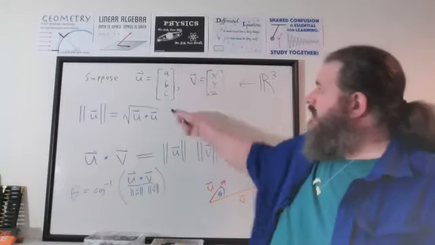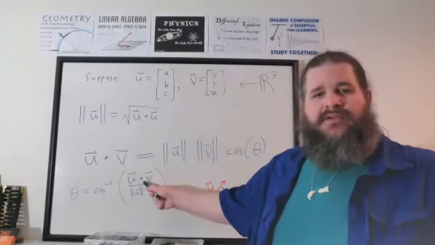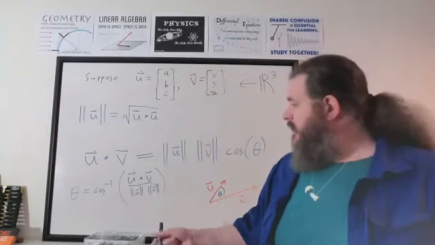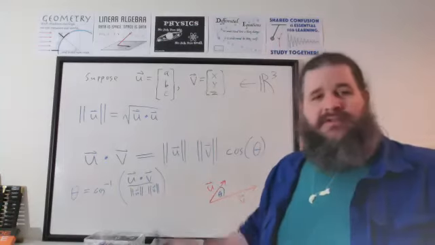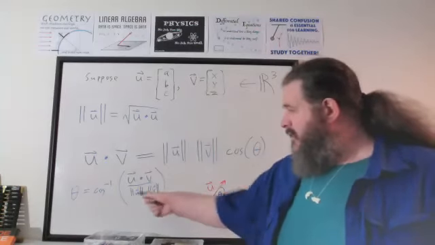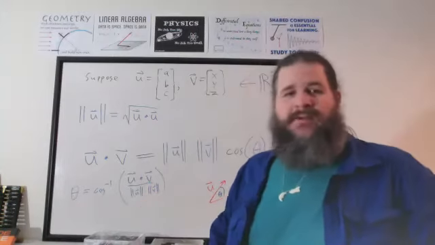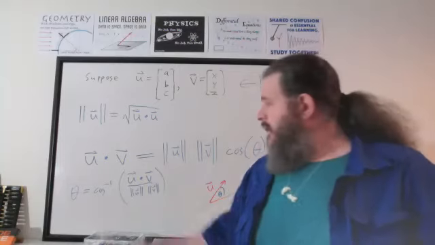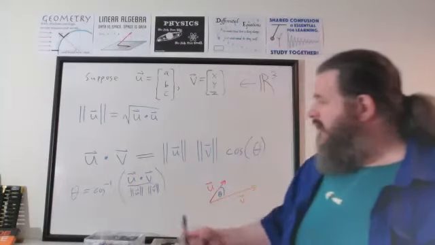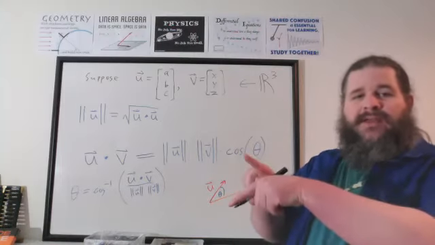If all you have is the components of each vector, you can take the dot product using the components, calculate the magnitudes using the components, divide u dot v by the magnitudes multiplied together. That gives you a ratio which should be between -1 and +1. Take the inverse cosine of that ratio, and that will tell you the angle between the two vectors.